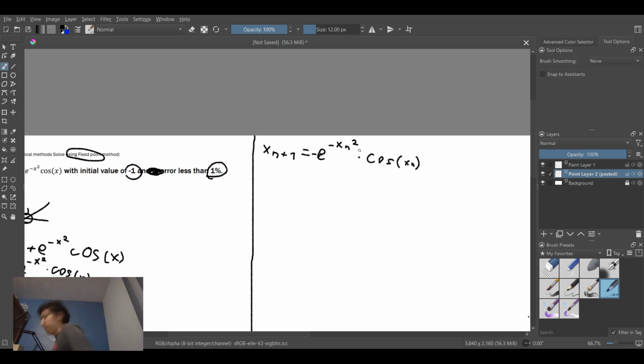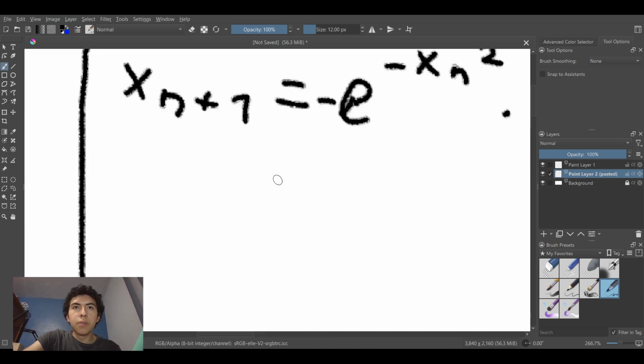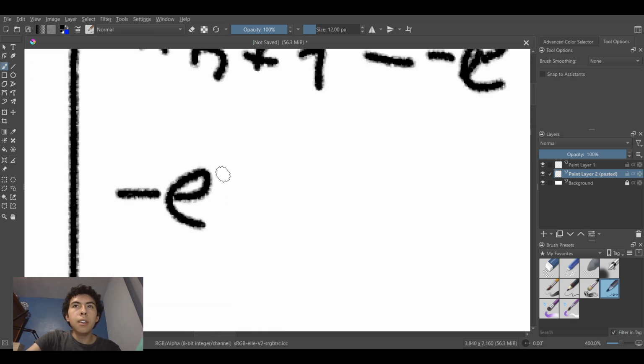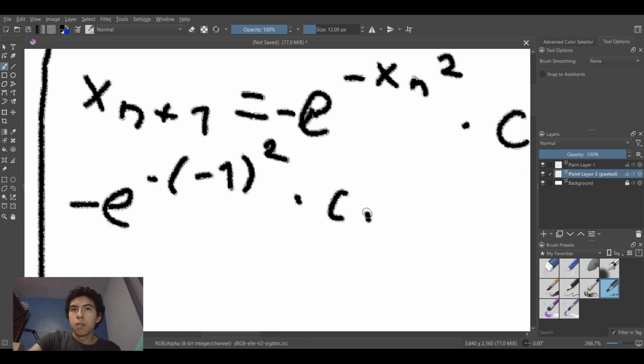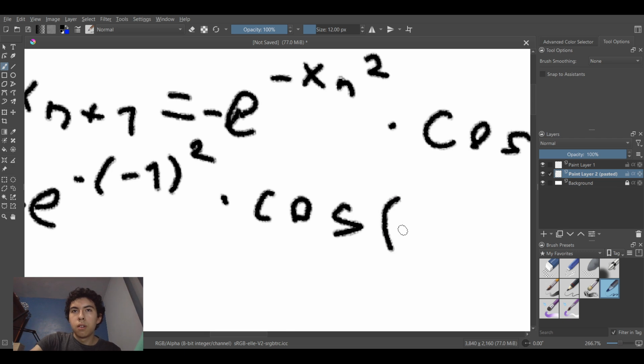I need to grab my calculator for this. Alright, so we plug in our first value, which is -1, and it's going to be minus e to the -1 squared times cosine of -1.